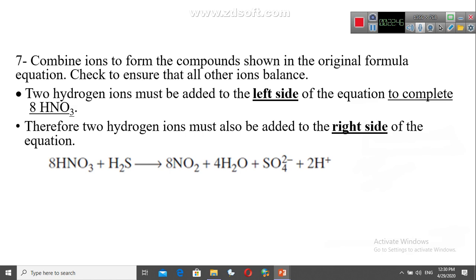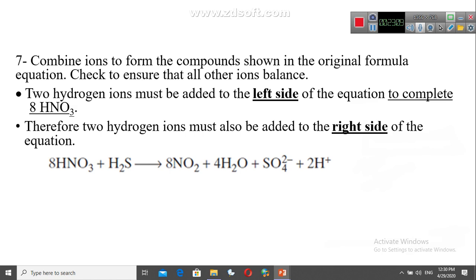After adding 2 hydrogen ions to the left side, you must add 2 hydrogen ions to the right side. Then we get the following balanced equation: 8 HNO3 plus H2S gives 8 NO2 plus 4 H2O plus SO4 plus 2 hydrogen ions. We added 2 hydrogen ions to the right side.